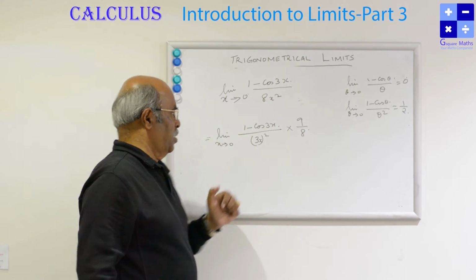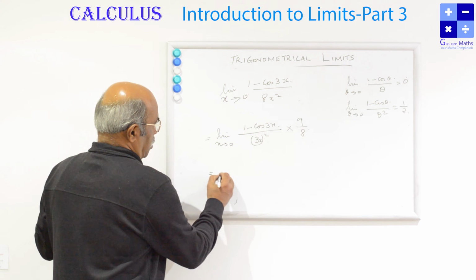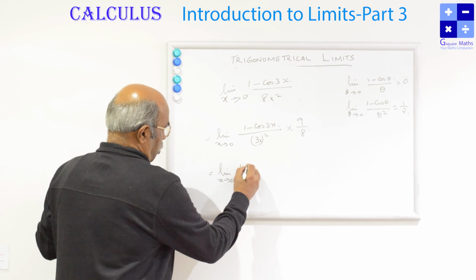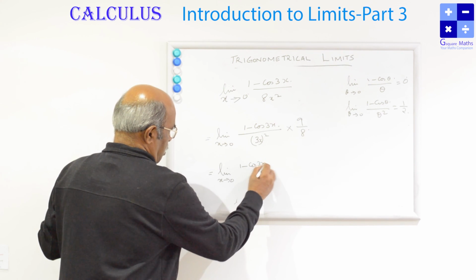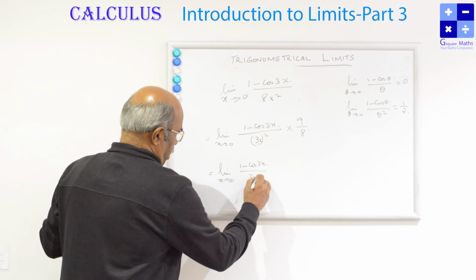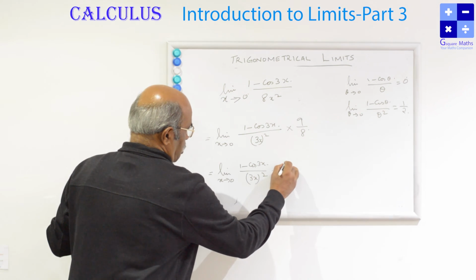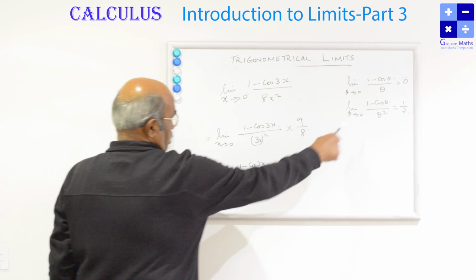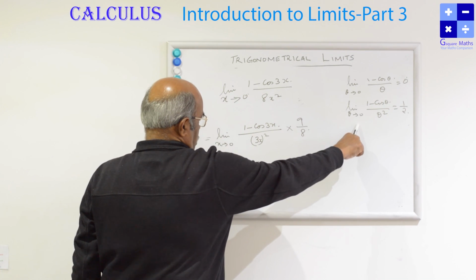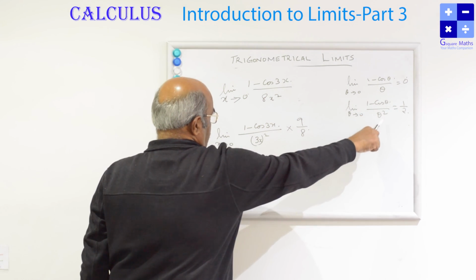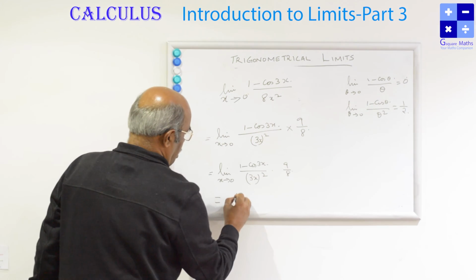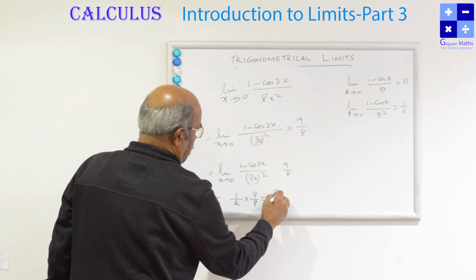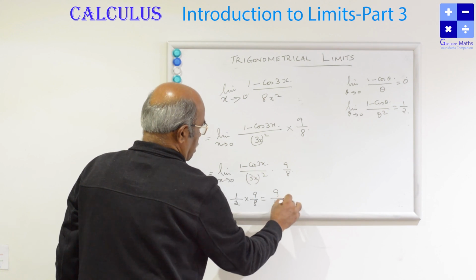So this is equal to limit x tends to 0, (1 minus cos 3x) by (3x) whole square into 9 by 8. That is equal to limit of (1 minus cos dot) by dot square, which is half, into 9 by 8. That is equal to 9 by 16.